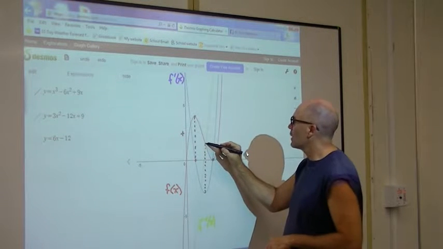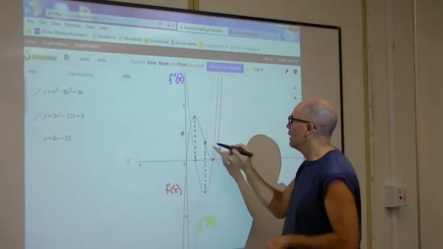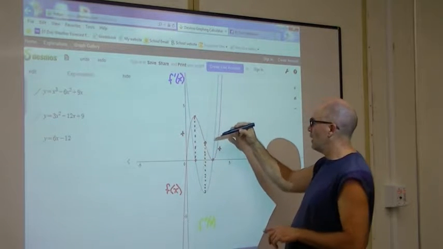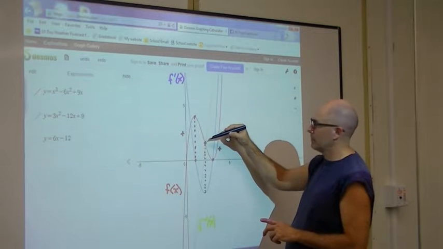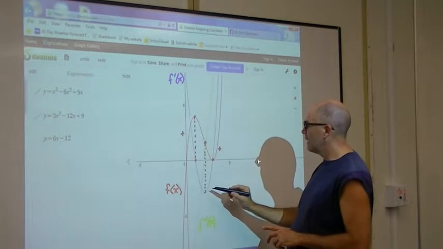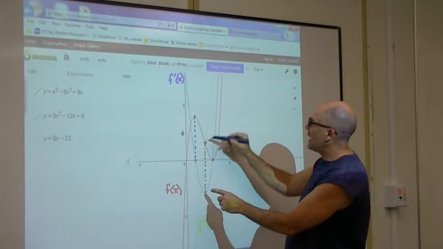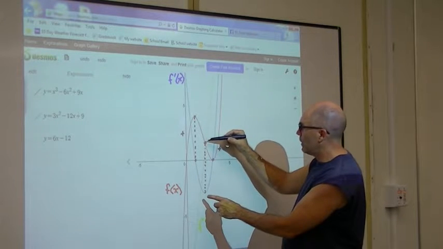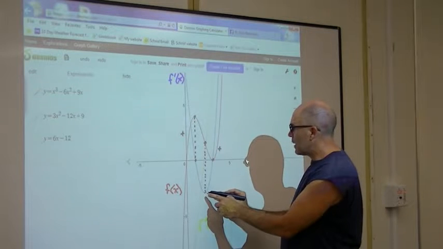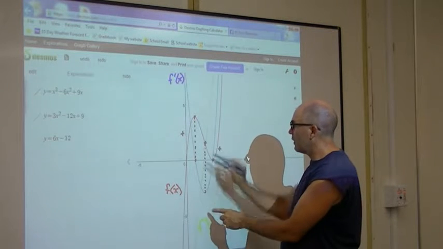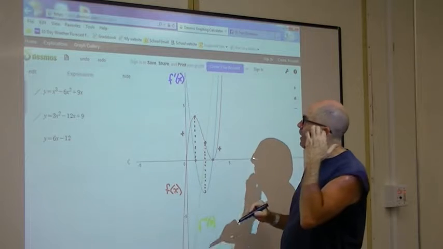So right here is what we call the point of inflection of the red function, or the point of maximum steepness. And that's a negative slope, so the most negative f prime ever gets is right here, and that's its minimum of f prime.